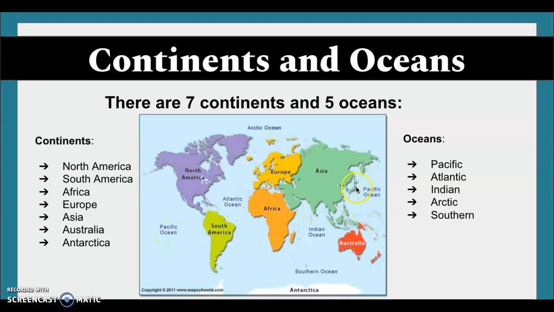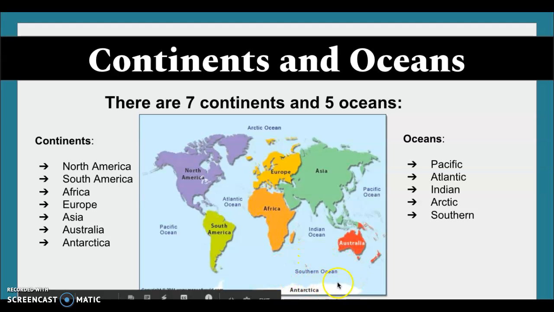There is only one Pacific Ocean, because typically this is a globe, and this Pacific Ocean would meet this Pacific Ocean. There are not 2 Pacific Oceans, there is only one. We've got the Atlantic Ocean, the Indian Ocean, because it is near the country of India, the Arctic Ocean, and the Southern Ocean.